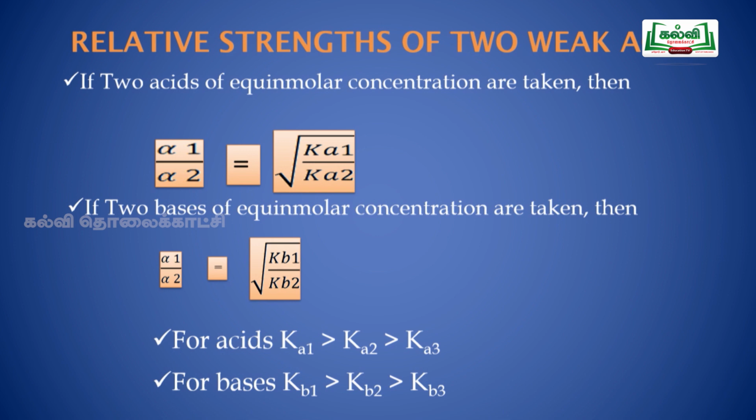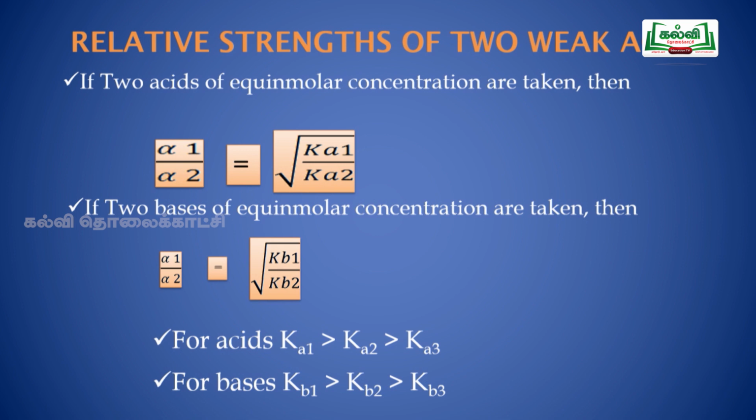Once you cancel the concentrations, the formula becomes alpha 1 over alpha 2 is equal to root of Ka 1 over Ka 2. Similarly, for a base, alpha 1 over alpha 2 is equal to root of Kb 1 over Kb 2. What is Ka? What is Kb?